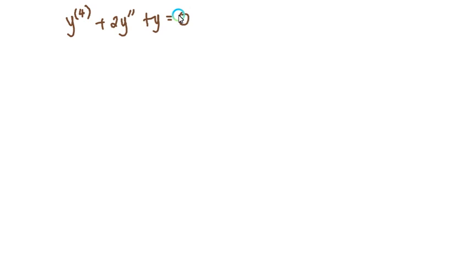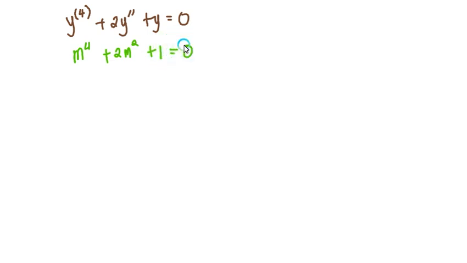So, we have this equation. So, pangitaon tang auxiliary nga equation. So, we have m to the fourth plus 2m squared plus 1 is equal to 0.